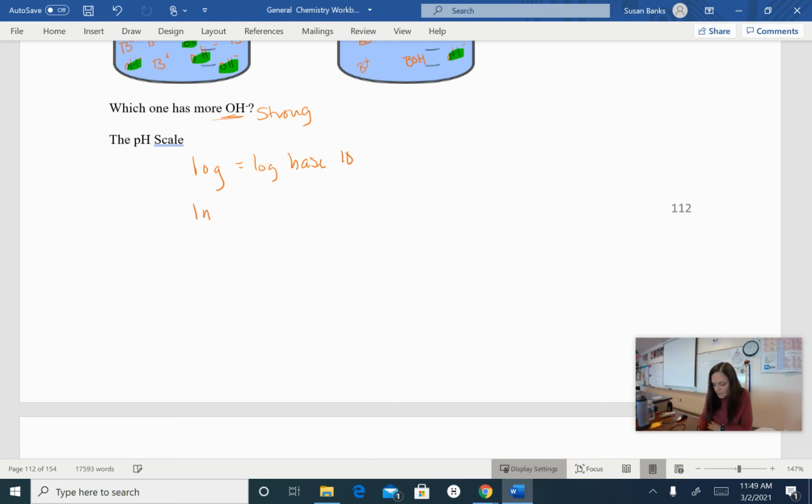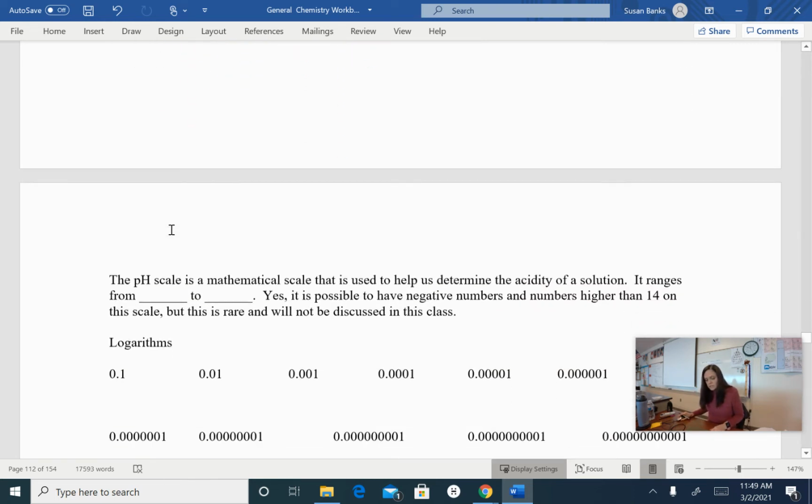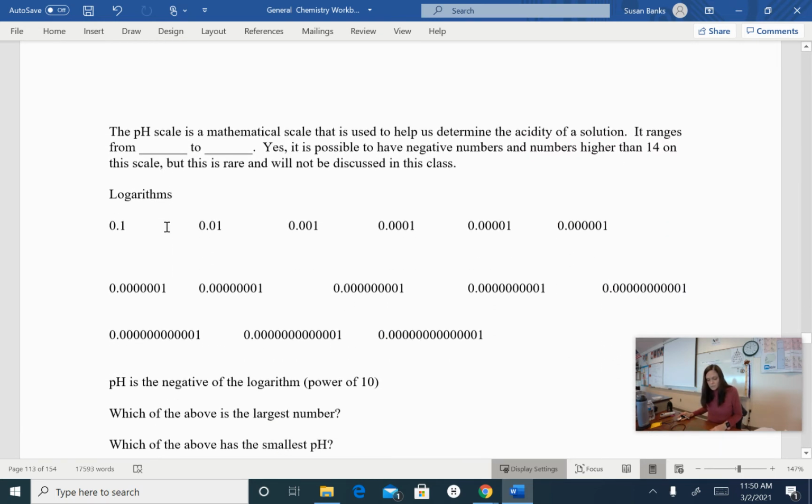And then there's LN, which is a natural log. And you should see both of those numbers on your calculator. For the pH scale, we are going to use LOG. We're going to use log base 10. Okay? So let's do this little exercise really quick.